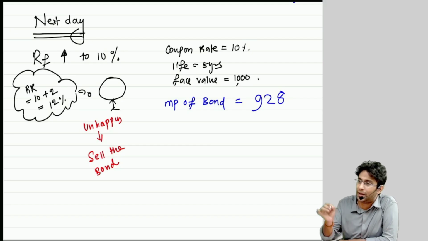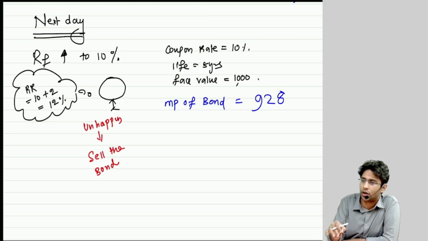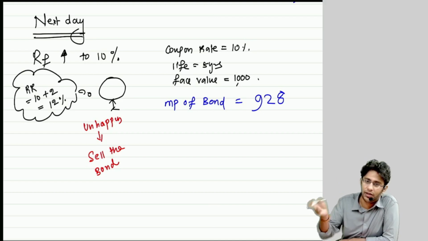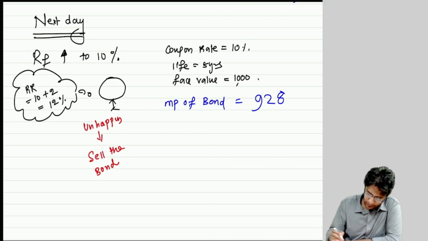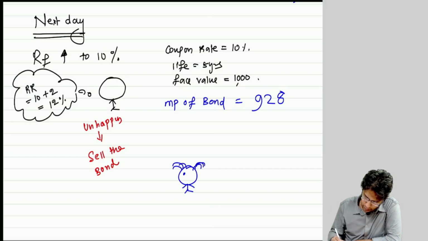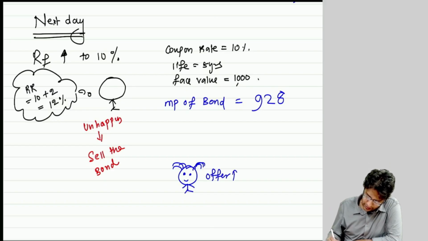You tell me, sir, by buying the bond at 928, will that new investor be able to earn 12% return or not? He will get. Will our boy get? He will not get. He says offer price at 928.